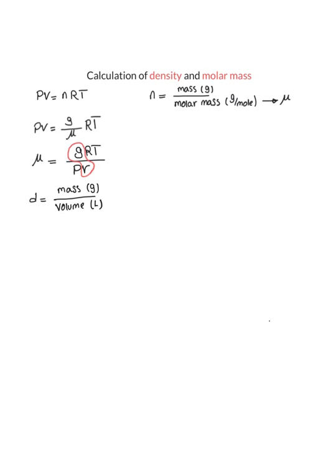Therefore, I can replace it with the density. Doing that, I can write mu equals dRT over P, where I replace gram over volume with density. And from here, I can calculate density, which is mu P over RT.